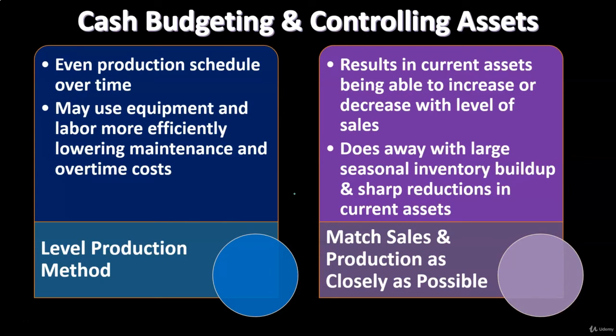But either way, if I have that seasonal sales type of business, one strategy would be to say, I'm just going to see what the sales will be for the entire year, and I'm going to produce evenly over the entire year, even though I'm going to sell unevenly over the year. What that strategy would do, the benefit it would have, is that it would be easier on the production process, right?